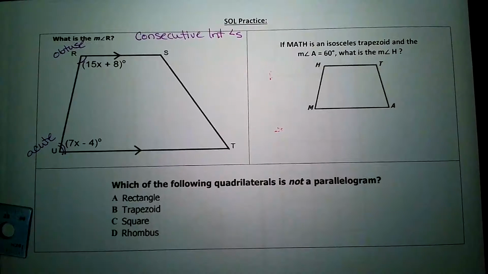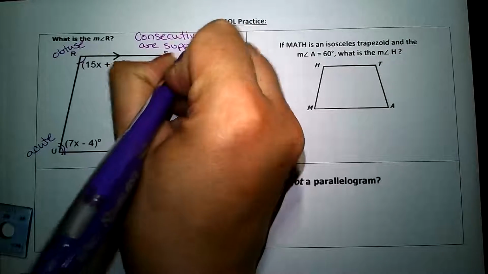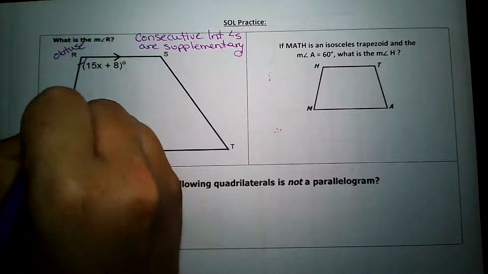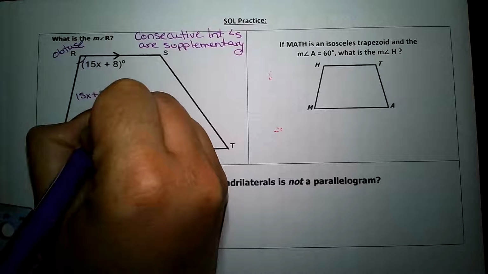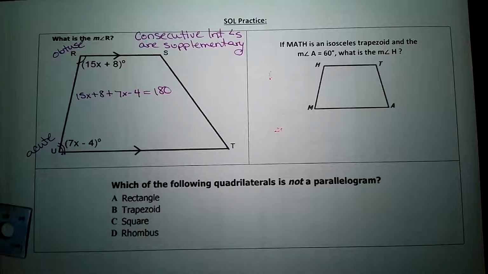We know that consecutive interior angles are supplementary due to that set of parallel lines. So the algebra I'm going to set up is 15x plus 8 plus 7x minus 4 add up together to sum total 180 degrees. Combine your like terms, solve for x.